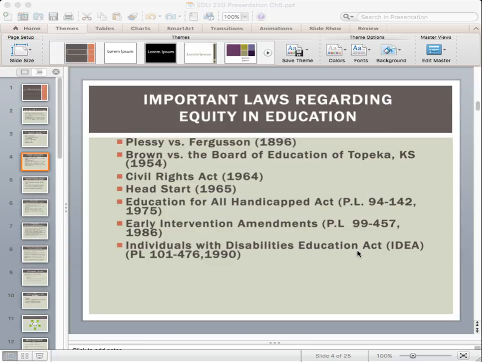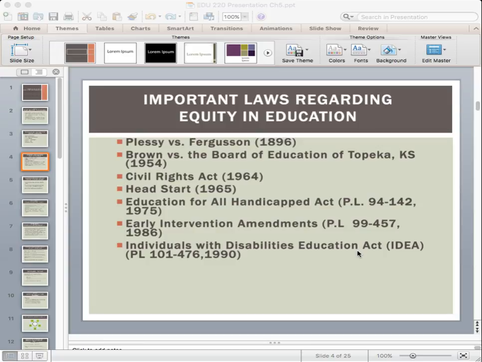So it's really important to write each one of these down and take a moment to research them and have an explanation of each one of these laws. What do each of these mean? Why are they significant?